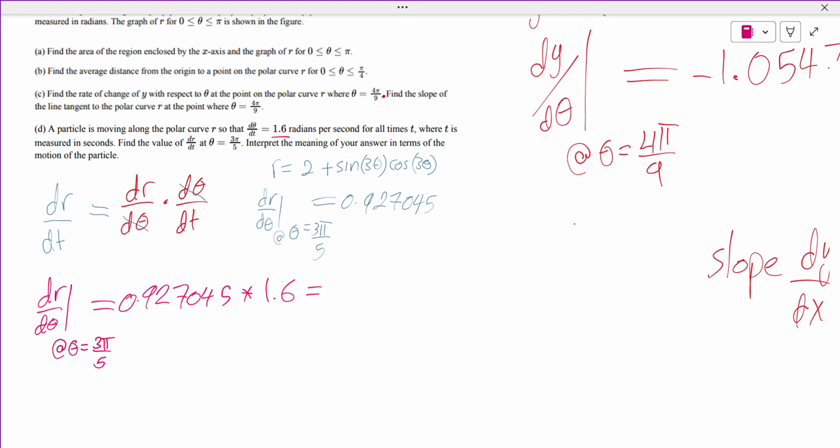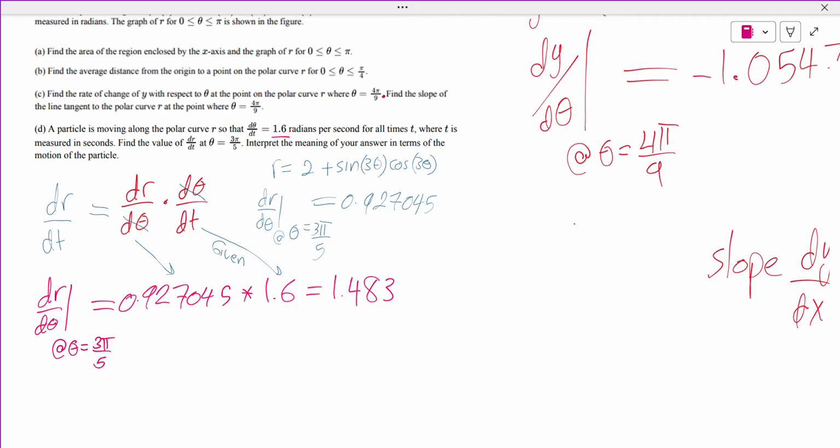This is equivalent to 1.483. So what we have written here is dr over d theta, and d theta over dt is 1.6, which is given. dr over d theta, we found it.